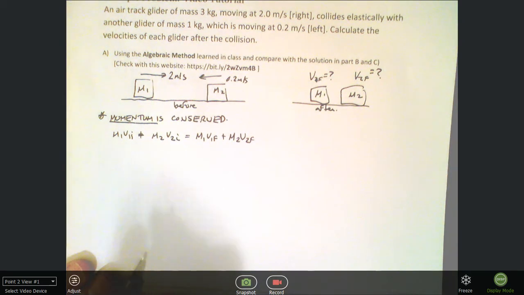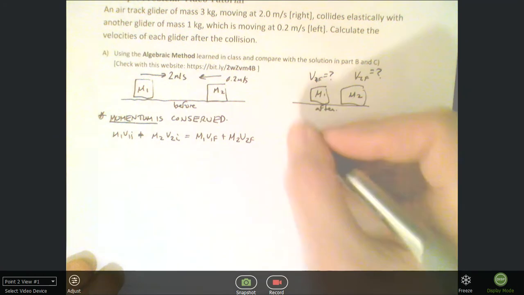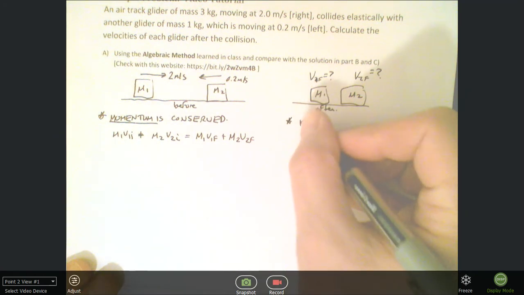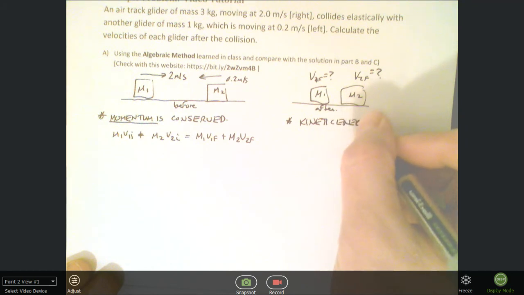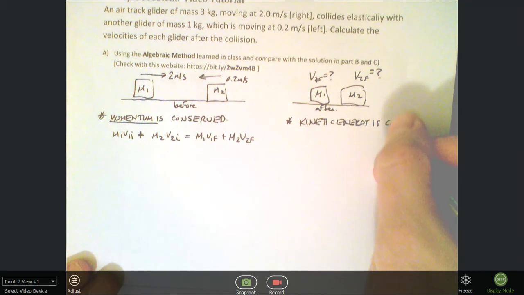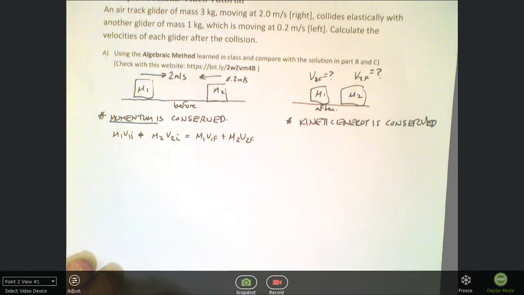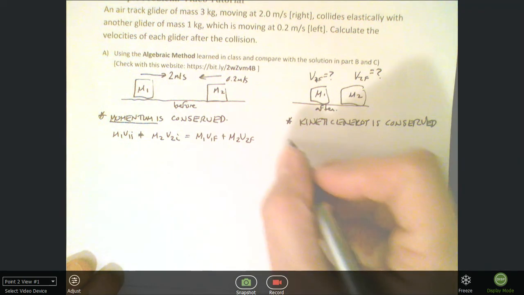But we know something else about completely elastic collisions, and that is this. Kinetic energy is conserved. So if kinetic energy is also conserved, we can write another equation.